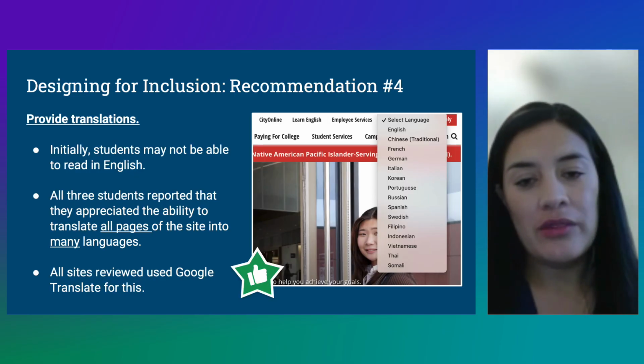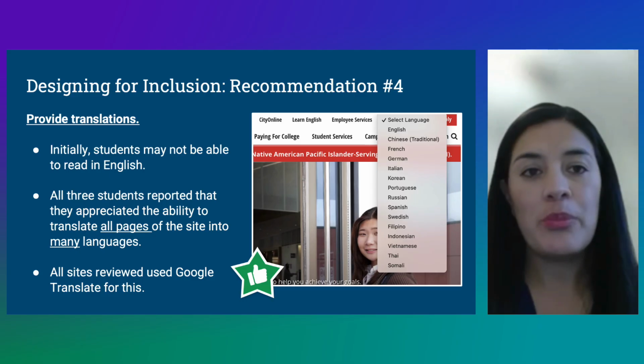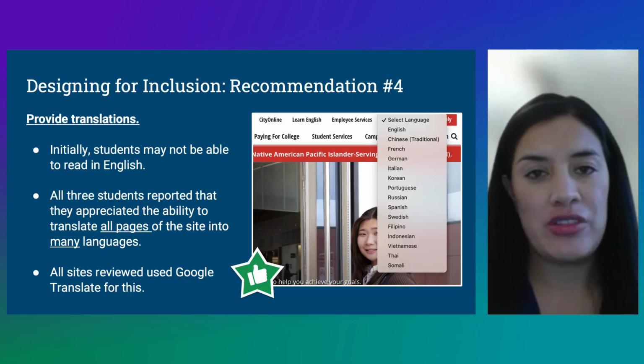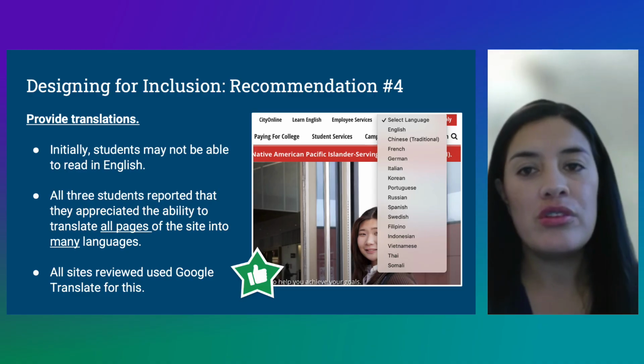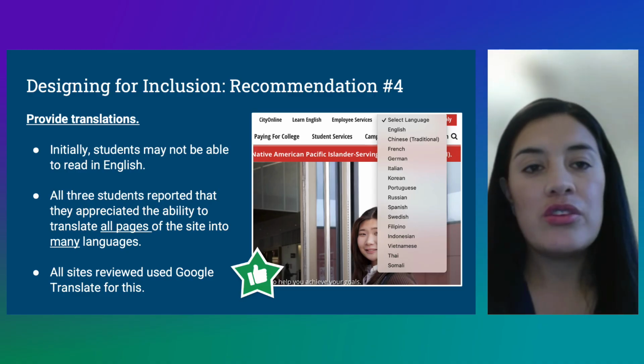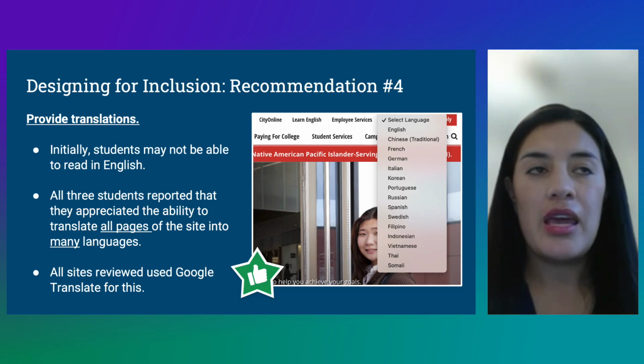Another recommendation is that providing translations is essential for inclusion. Using students' home languages helps families stay informed and involved.